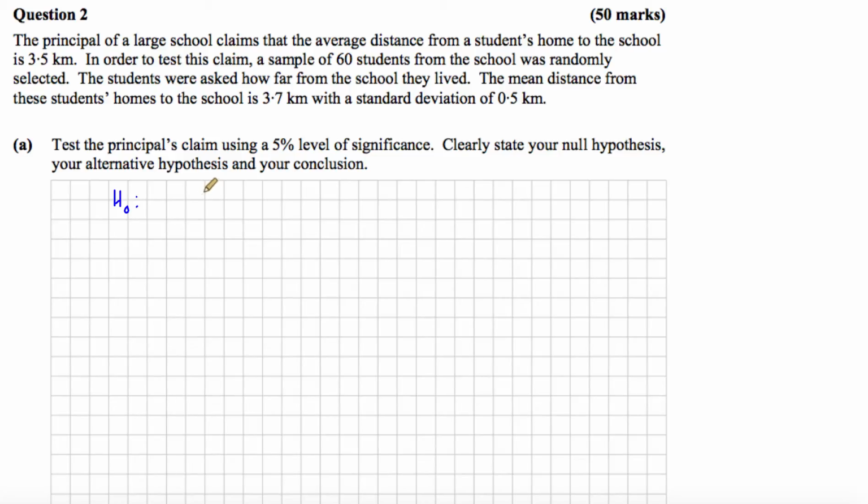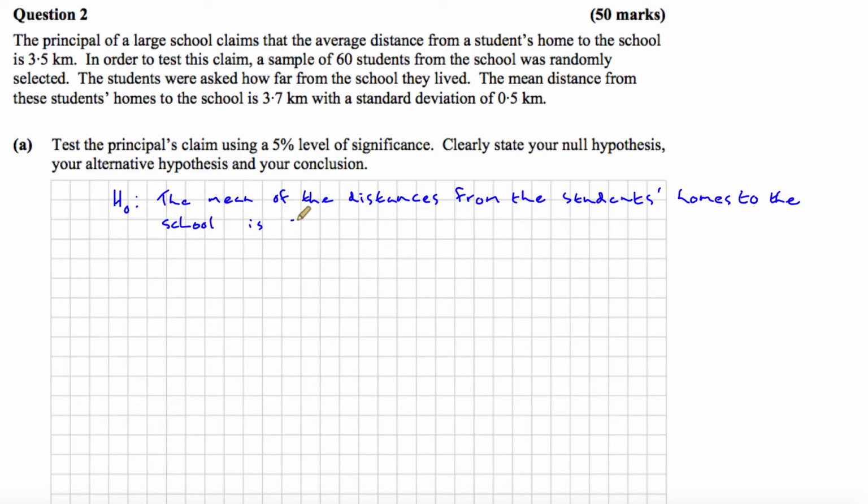So the null hypothesis in this case would be that the mean of the distances from the students' homes to the school is 3.5 kilometers.